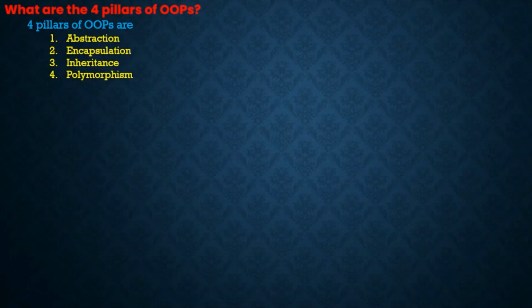Clear? I think you got some idea. Abstraction means hiding the internal implementation and only showing what functionality this class is going to perform. That part we display to the end user by hiding the internal implementation.